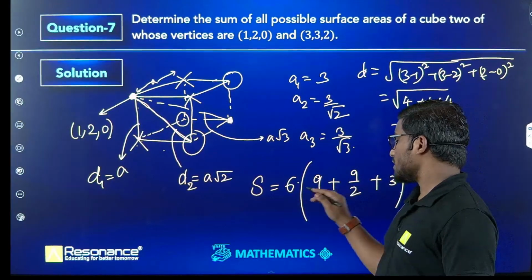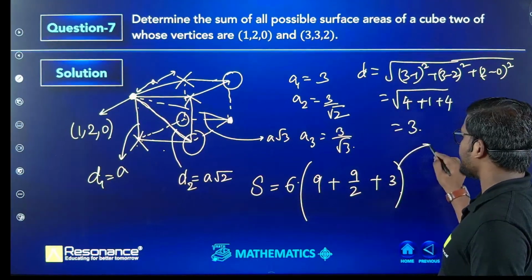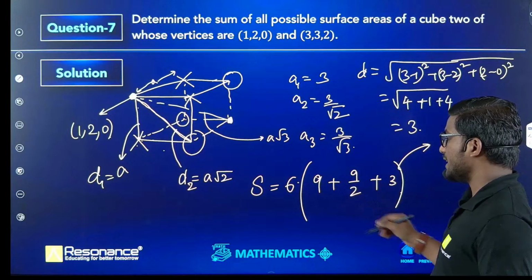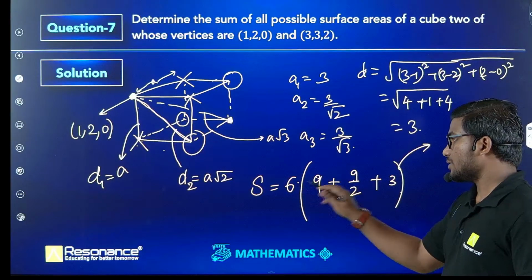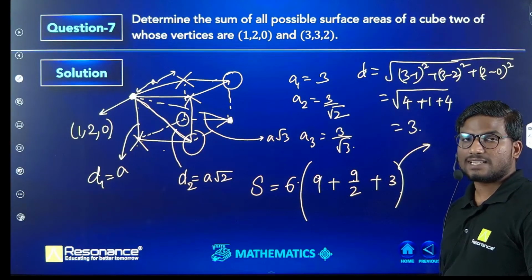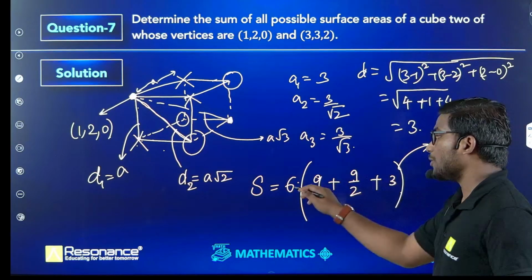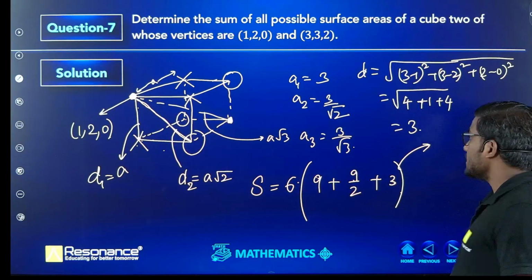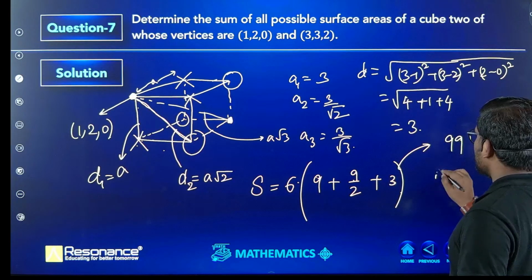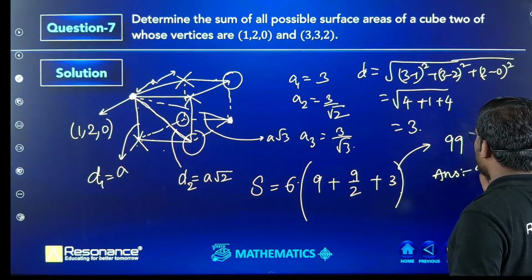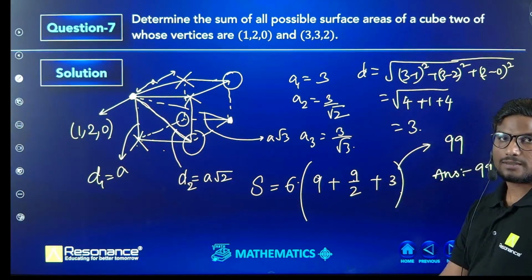So this corresponds to 6 9s 54. So this is again 3 9s 27. 54 plus 27 is what? 81. 81 plus 18 is 99. So the answer would be 99.